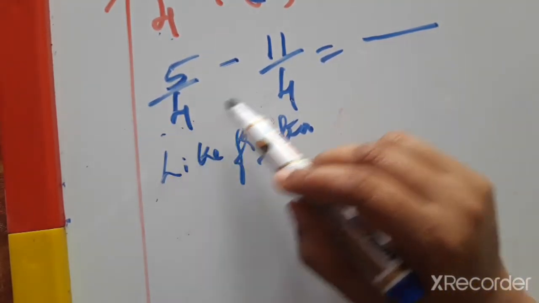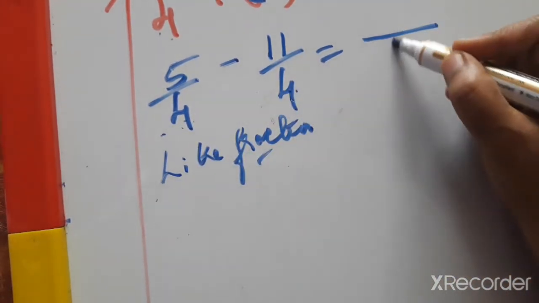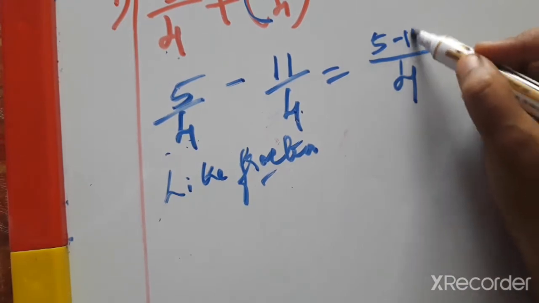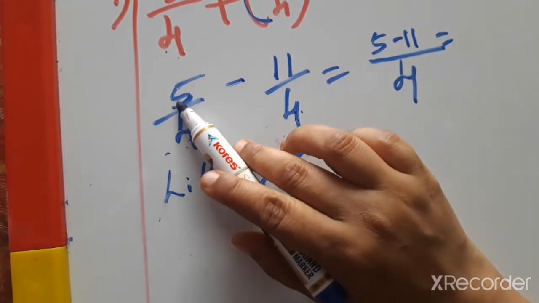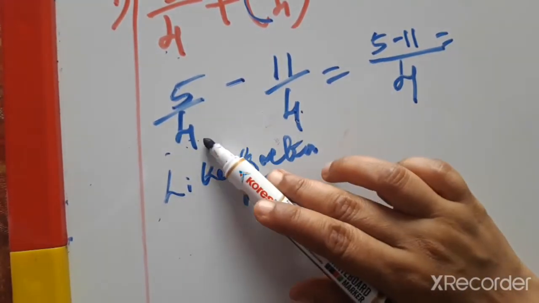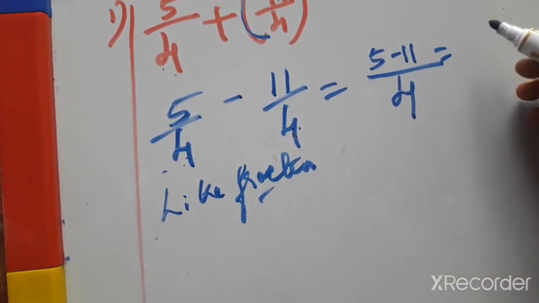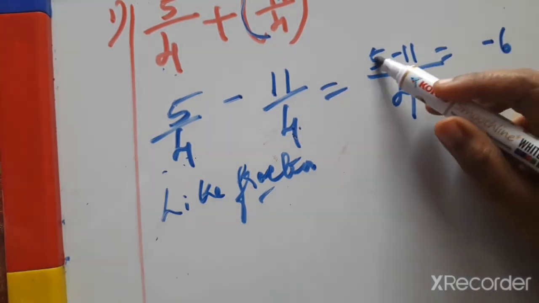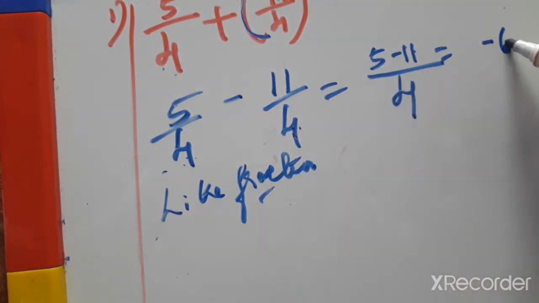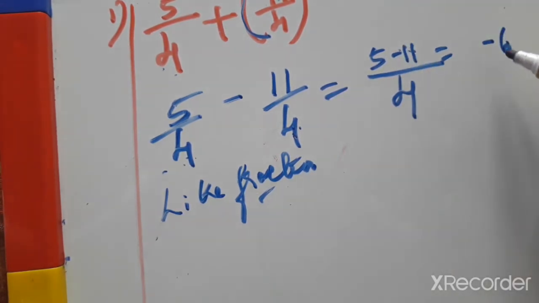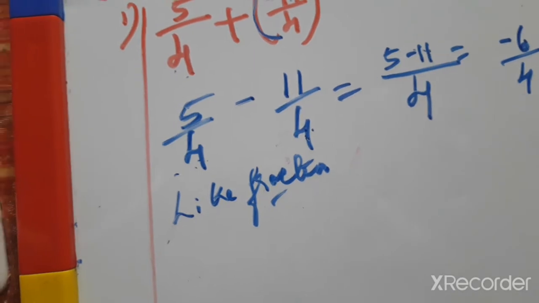Now here the denominators are the same, so 4 as it is. Write the numerator as 5 minus 11, because it is a like fraction. Now 5 minus 11 means how much? Minus 6. After subtracting, the answer is 6, and the greater number is 11, whose sign is minus, so minus 6 by 4.